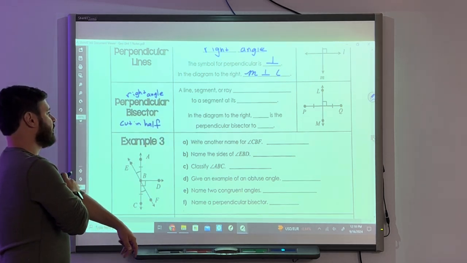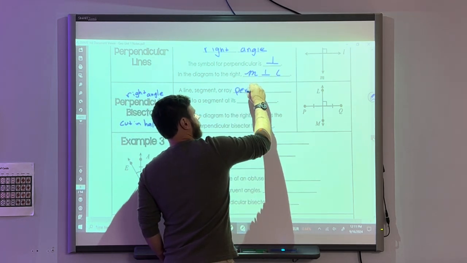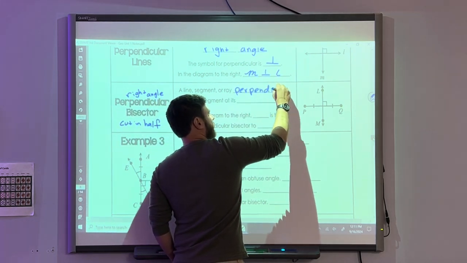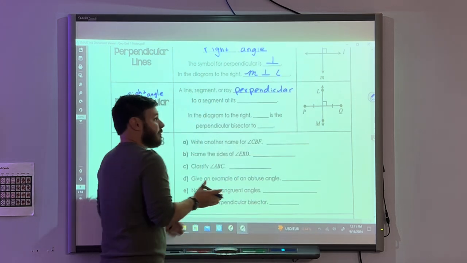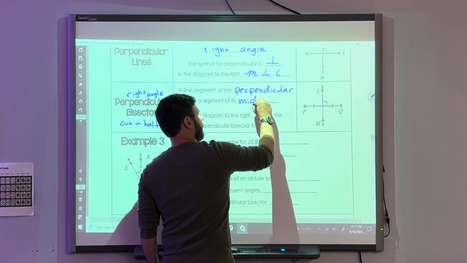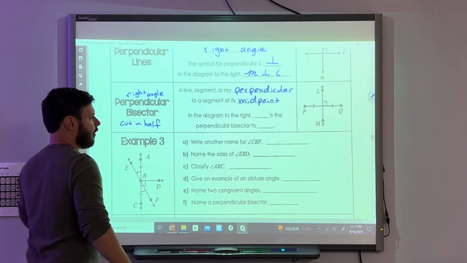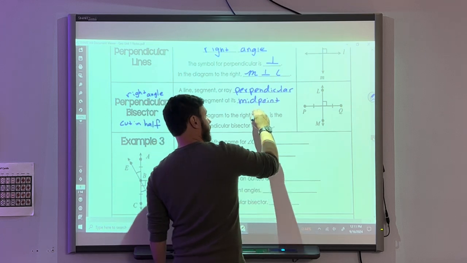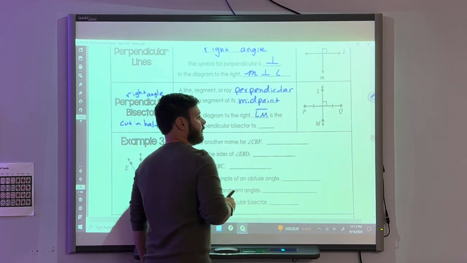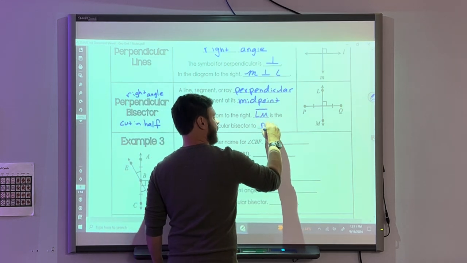So a line, segment, or ray perpendicular to a segment at its middle or its midpoint. In this picture to the right, line LM is the perpendicular bisector to line PQ.